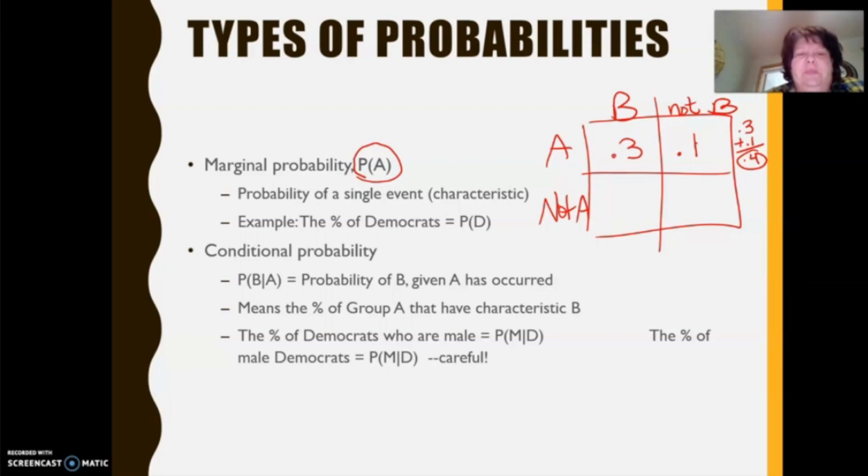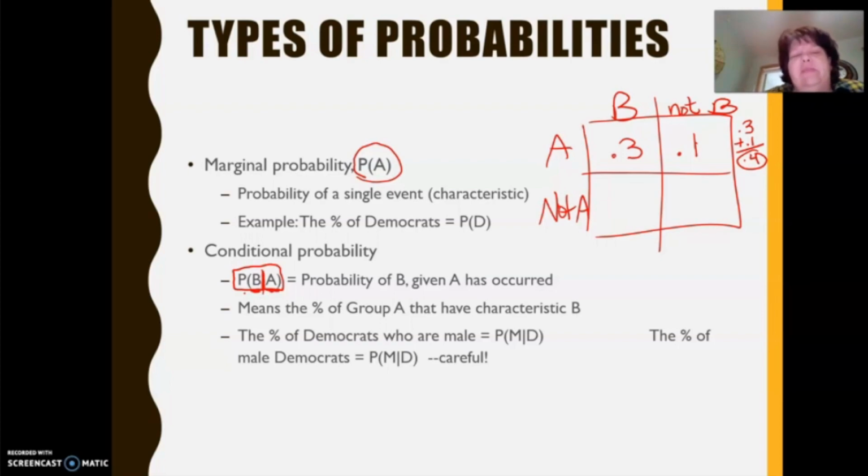So for example, the percentage of Democrats or the probability of being Democrat is P of D, is how you would say it. In a conditional probability, we have this new notation right here. This is a given. It's telling you what subgroup it is. It's not a fraction, but it kind of acts like a fraction. It's saying what proportion of the A's, out of the A's, belong to B. That's what we were looking for.